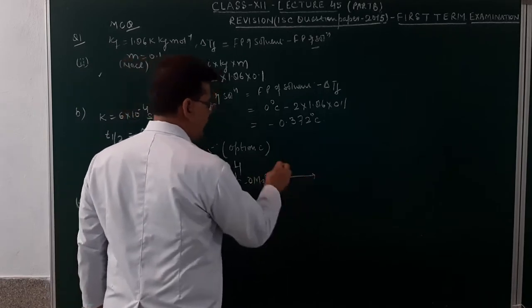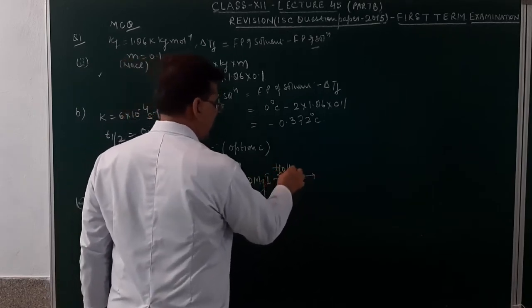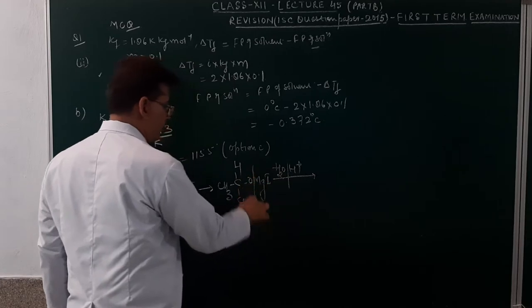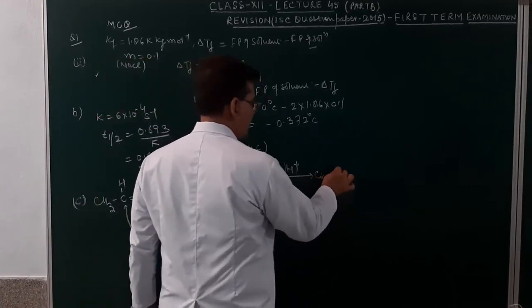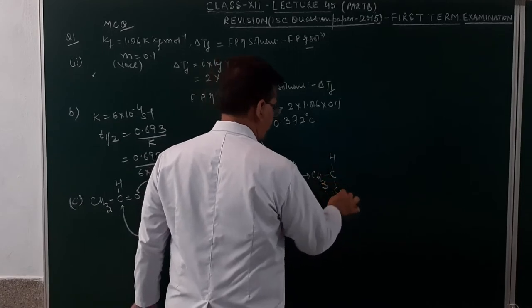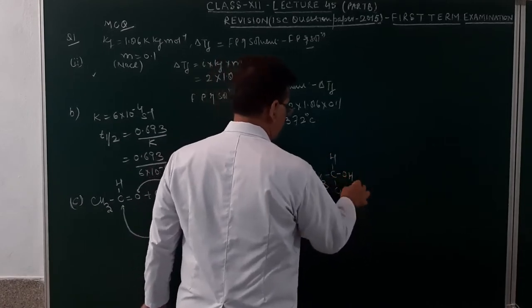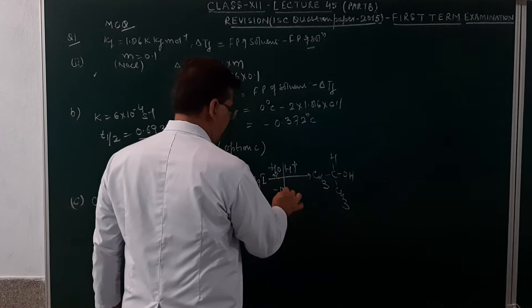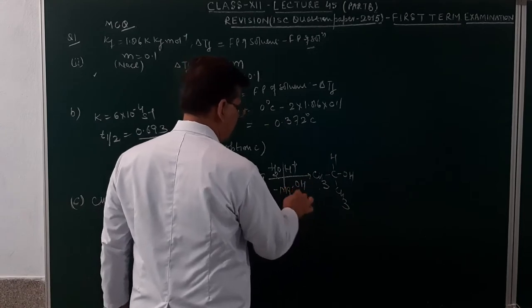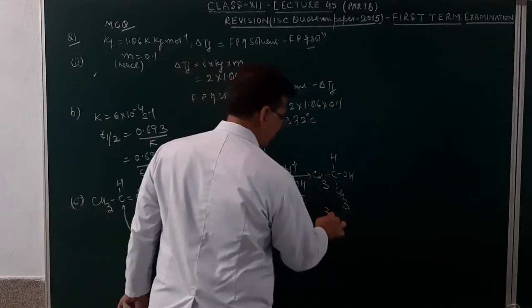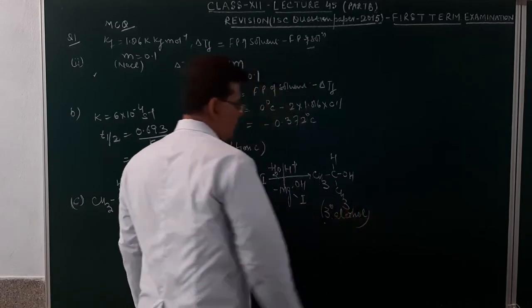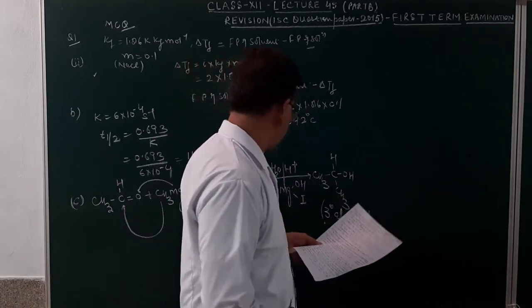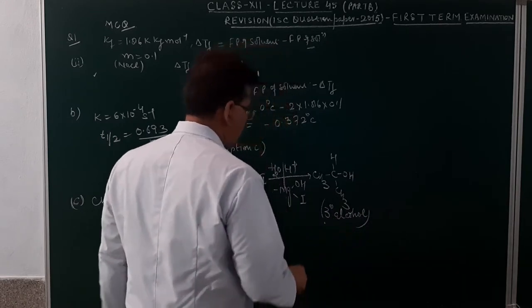This compound when hydrolyzed with water in presence of acid, this over here will be OH. The product obtained will be CH3CH(OH)CH3 plus magnesium hydroxyiodide. So, it will result in the formation of 3 degree alcohol. I am sorry, 2 degree alcohol.